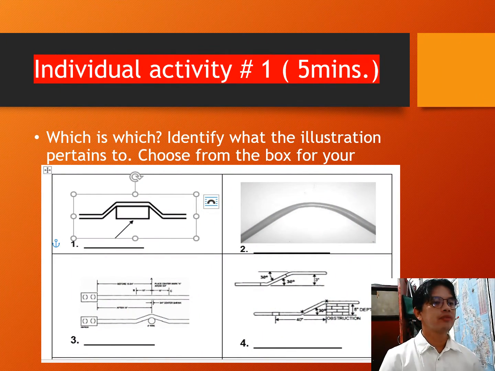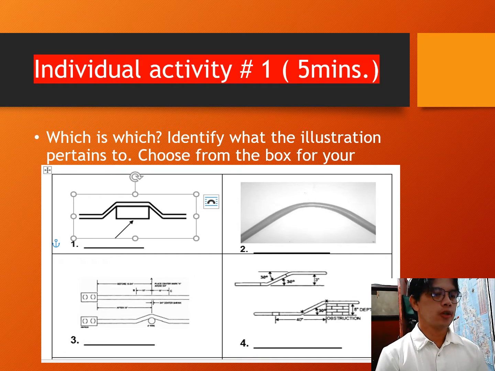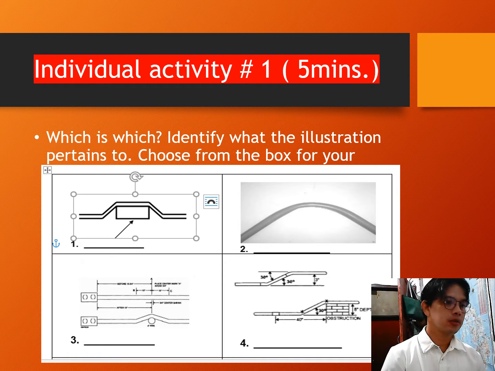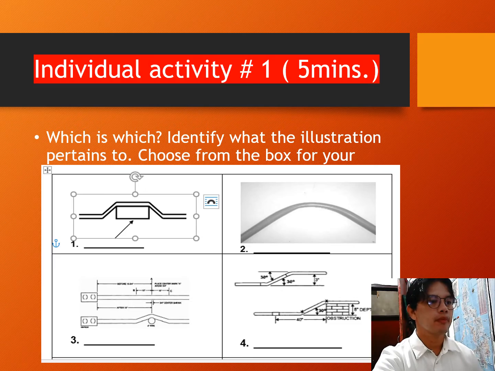So in this individual activity, I will give you 5 minutes to identify which instruction is which. Identify what the illustration pertains to, choosing from the box. Please familiarize yourself with the pictures.